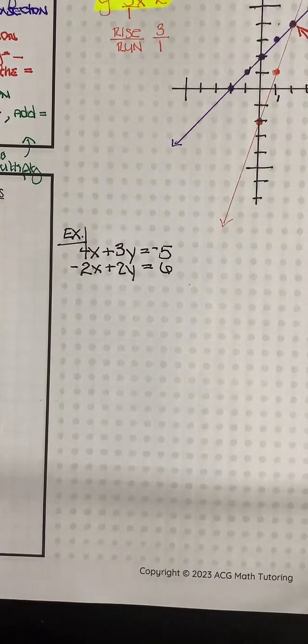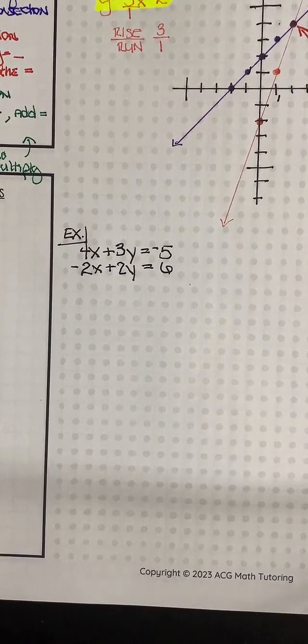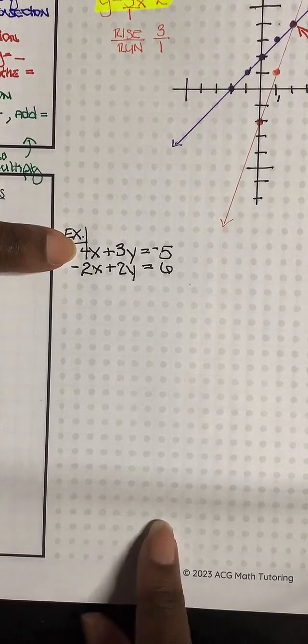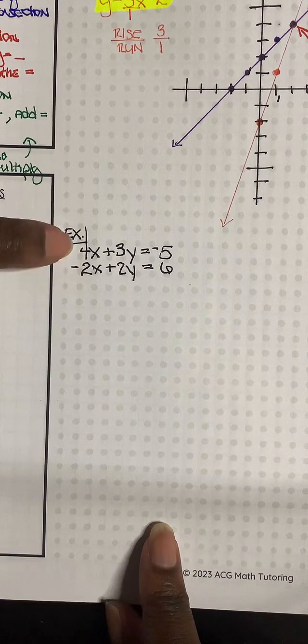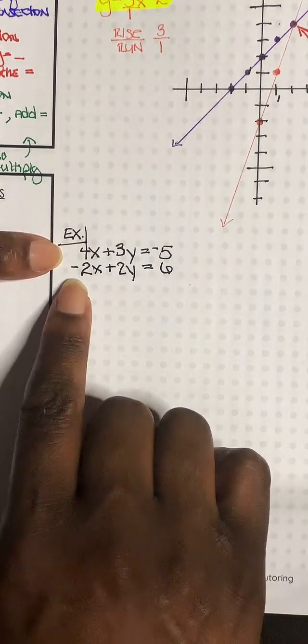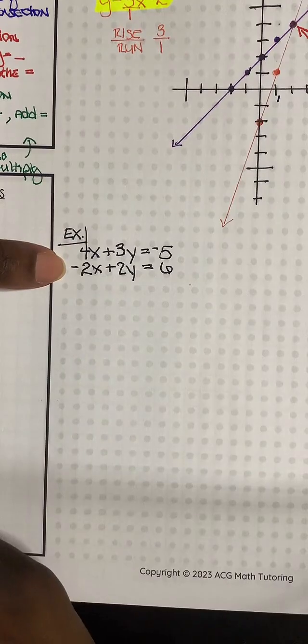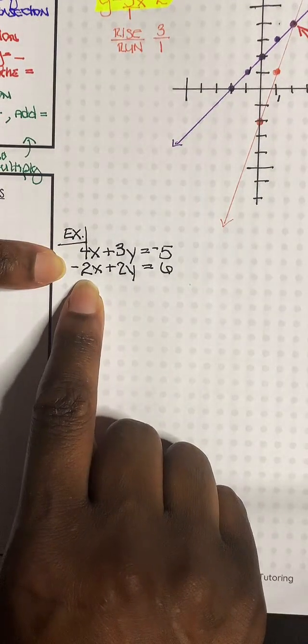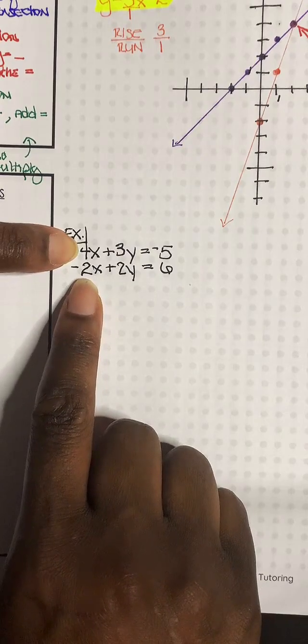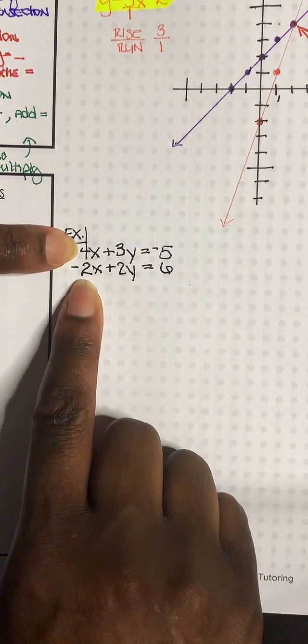So now, let's say I want to get rid of my x's. I have a 4 and I have a -2. This is a good little prospect because one is positive and the other one is negative. So now I have to figure out what number 4 and 2 have in common.